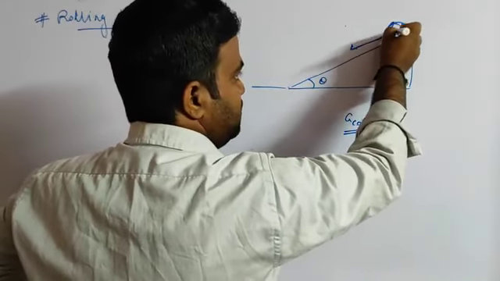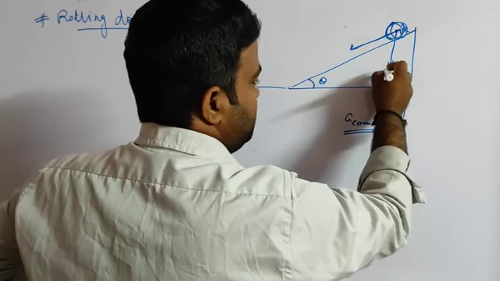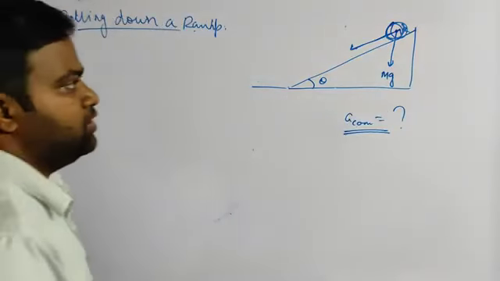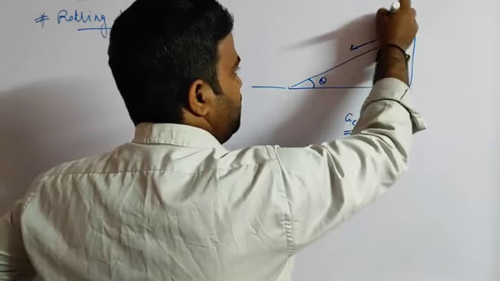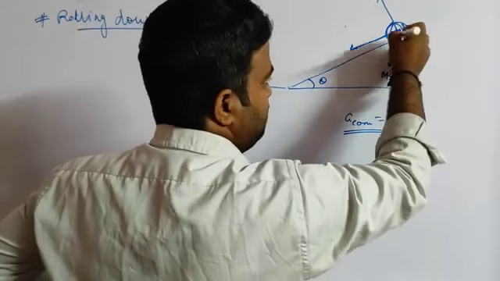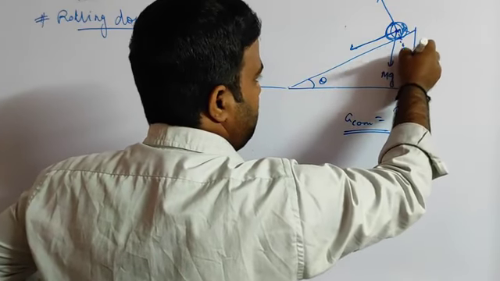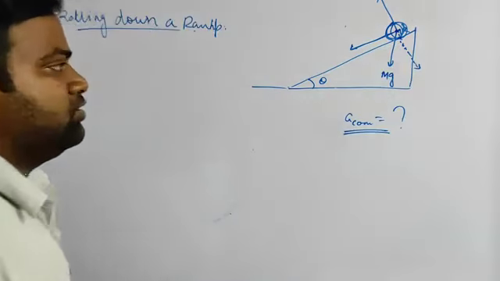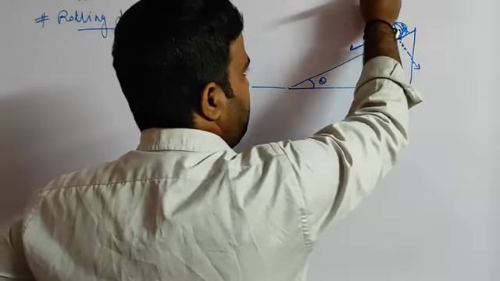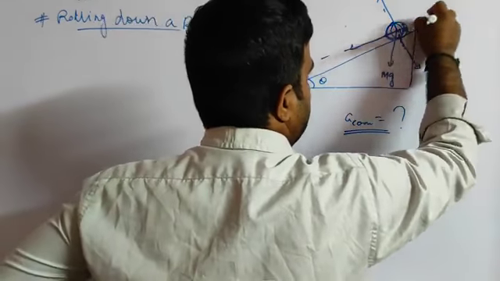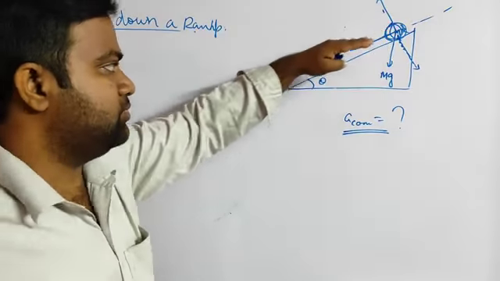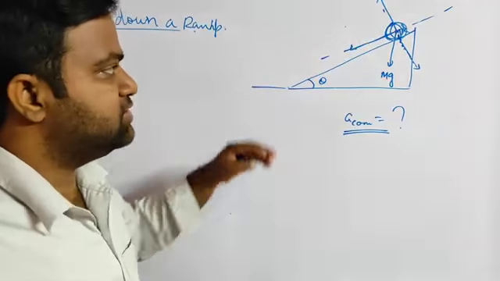As the object has some mass, the gravity mg will be in the downward direction, and due to the contact force it will have a normal force Fn, which I am writing, and extending in the opposite direction. So this is my y-axis and this is my x-axis. The motion will be towards the left, so you can say towards the negative axis the motion is.